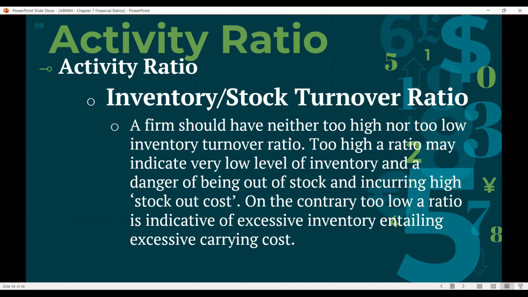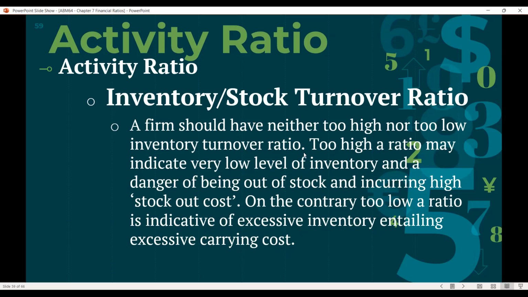So a firm should have neither too high nor too low an inventory turnover ratio, because too high a ratio may indicate a very low level of inventory and a danger of being out of stock and incurring high stock out costs. On the contrary, too low a ratio is indicative of excessive inventory entailing excessive carrying cost.